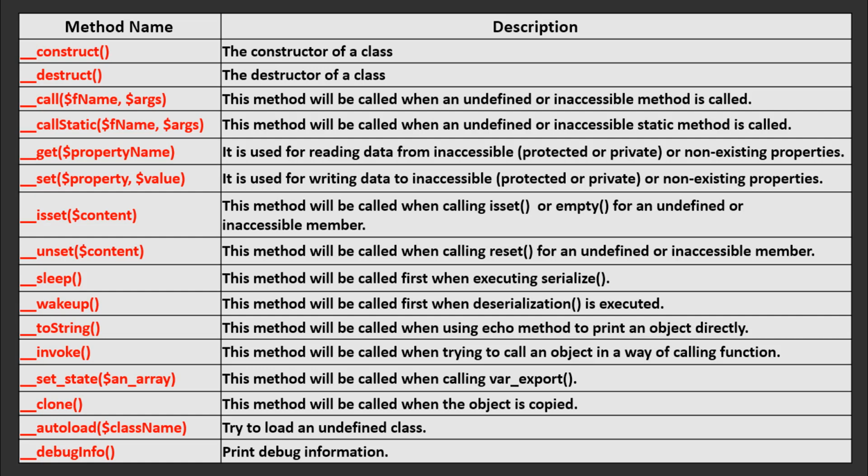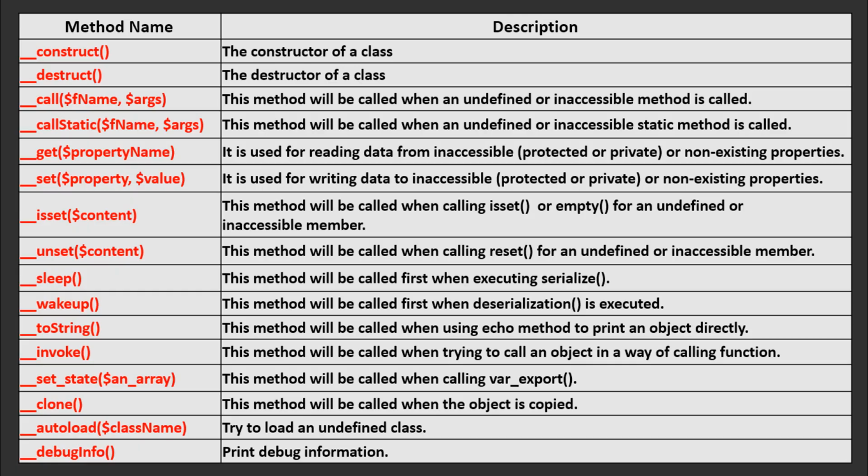The double underscore debugInfo method prints debug information. Now I will show you examples of some of the magic methods. The rest you can check in the documentation on the official php.net website. All methods are very easy to use. You will understand them yourself from the documentation.